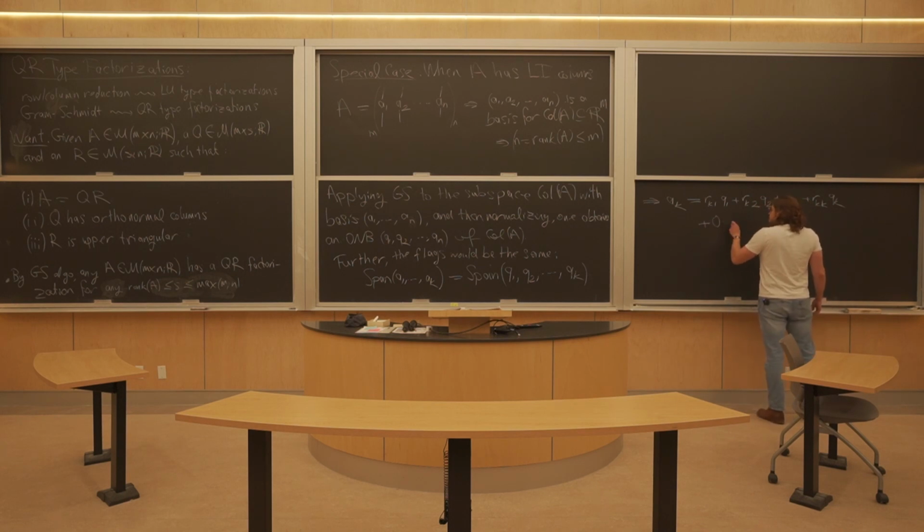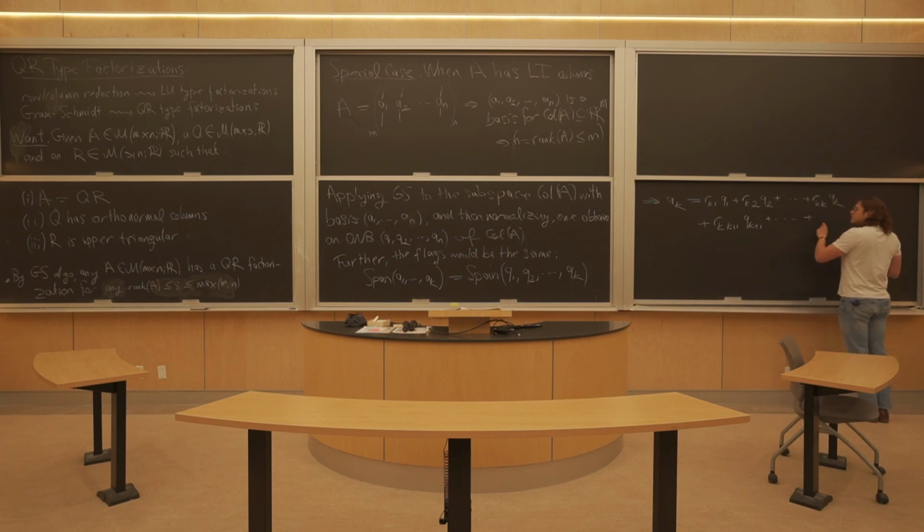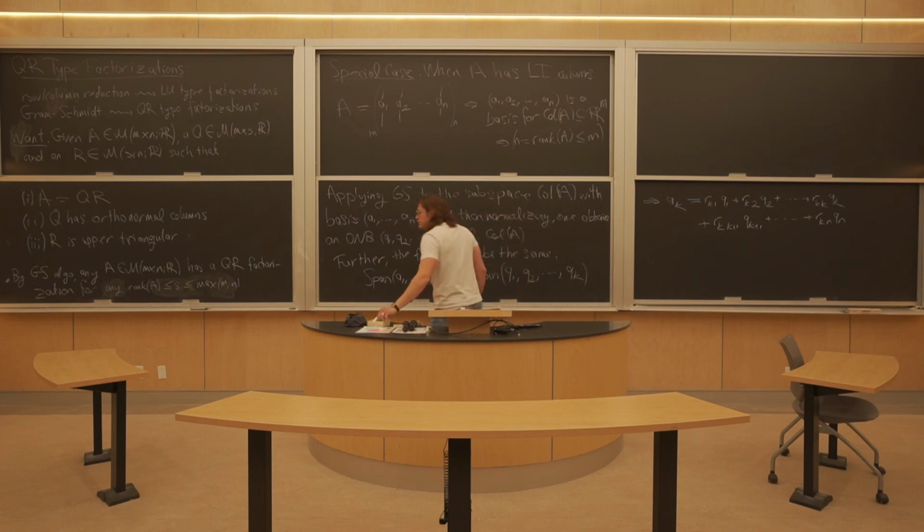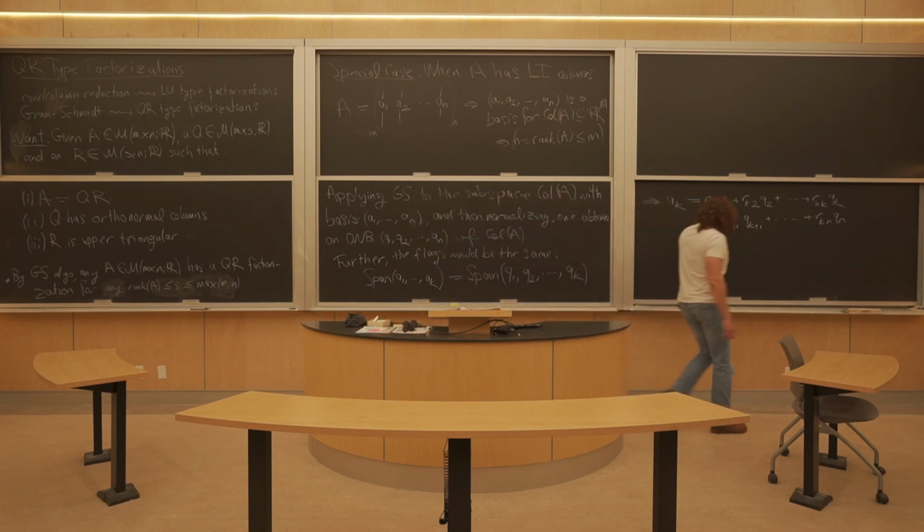So maybe I could write it like this: 0 times Qk plus 1, Rk k plus 1, Q k plus 1, then Rkn Qn, but each of these are going to be 0. After this, all of them are going to be 0.